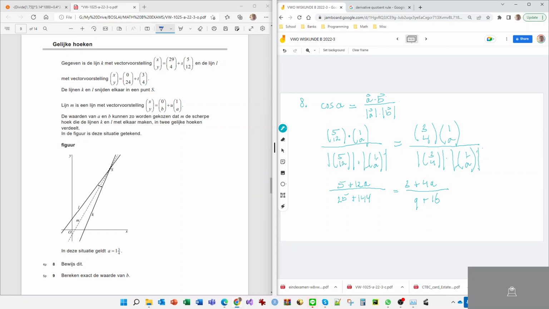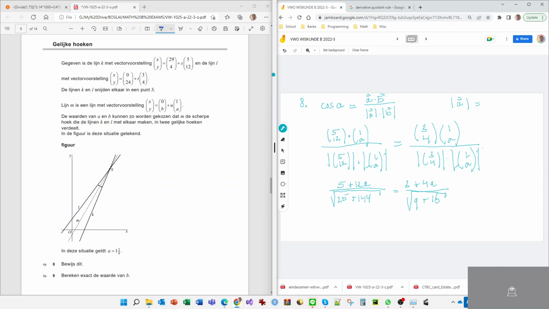This is 169. Oops, I need to take the square root. Sorry. Fortunately, these numbers turn out to be numbers that have a whole square.